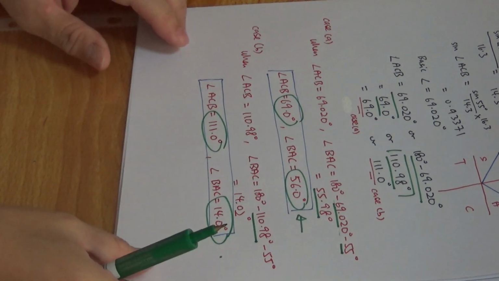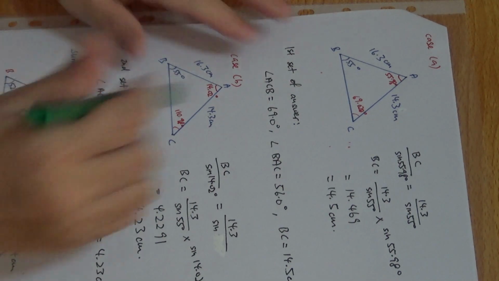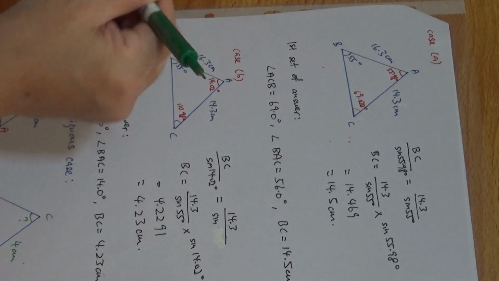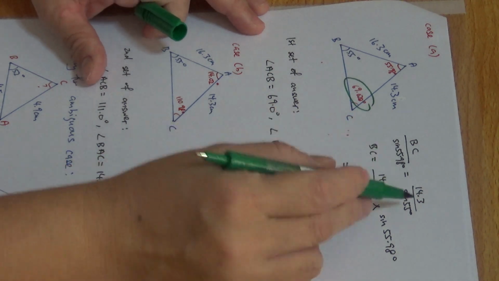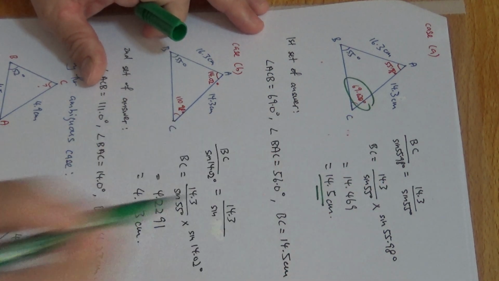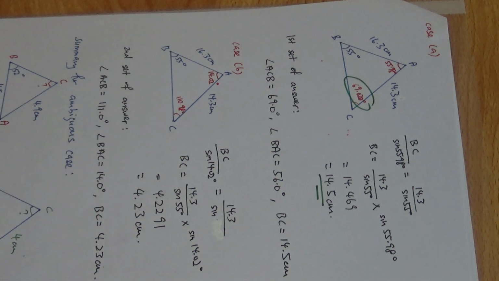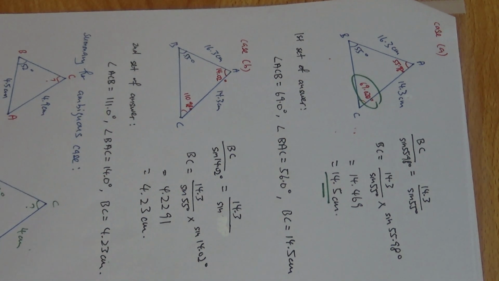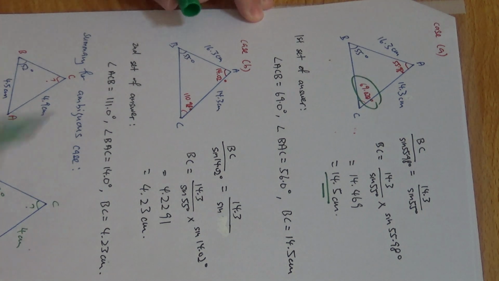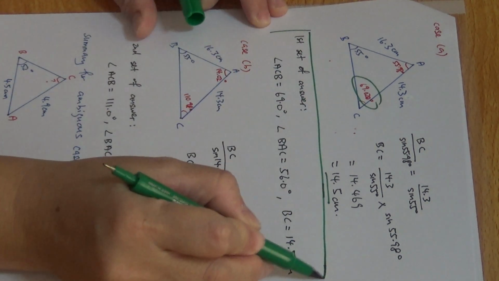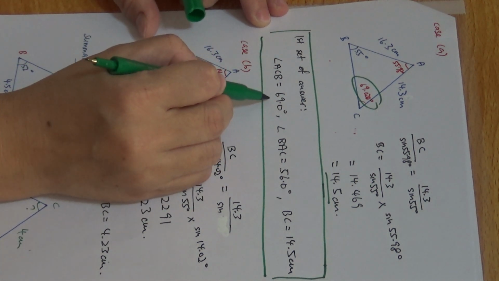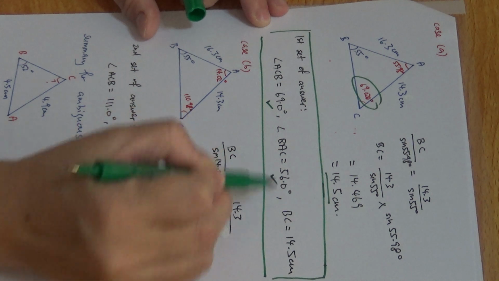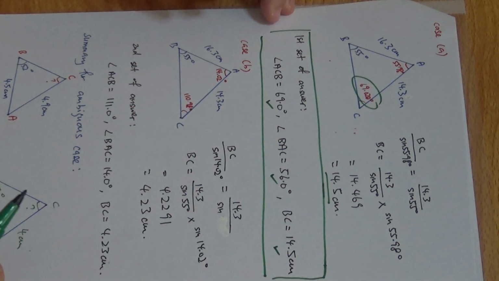We are still going to do case A and case B. For case A, where the angle here is 69.020, we apply the sine rule and BC is this length. So the first set of answers is angle ACB 69, angle BAC 56, and BC 14.5 cm.